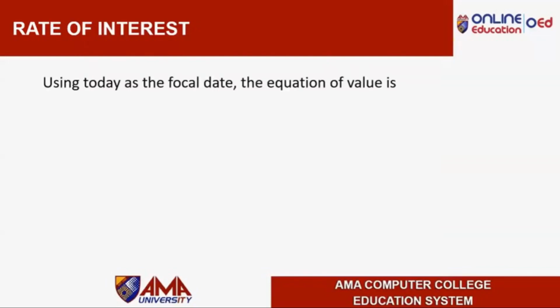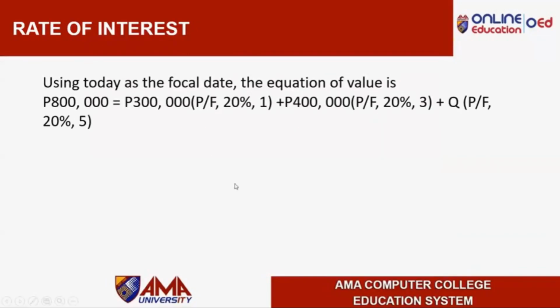So using today as the focal date, the equation of value is: 800,000 equals 300,000.